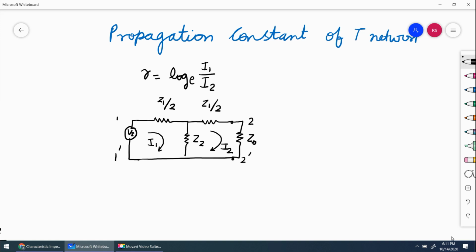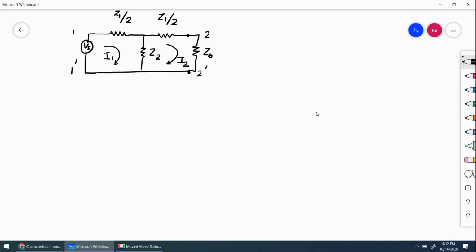Now writing the mesh equation for the second mesh, that is the I2 mesh. Starting from Z1 by 2, I can write Z1 by 2 I2 plus Z0 I2 plus Z2 times I2 minus I1 is equal to 0.